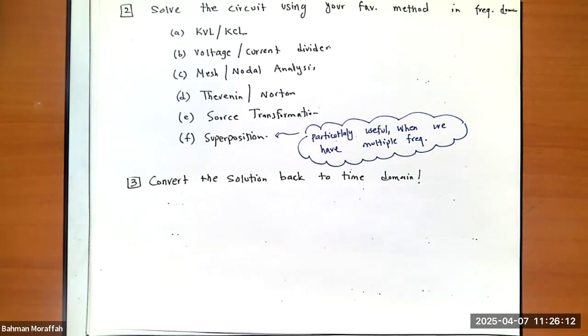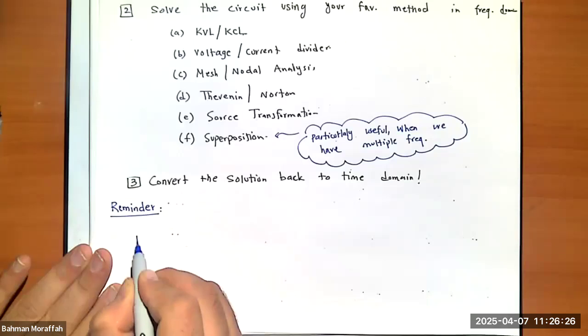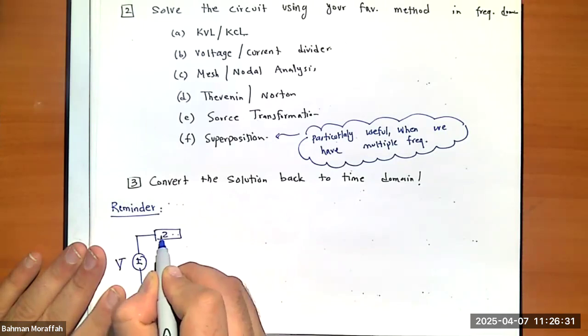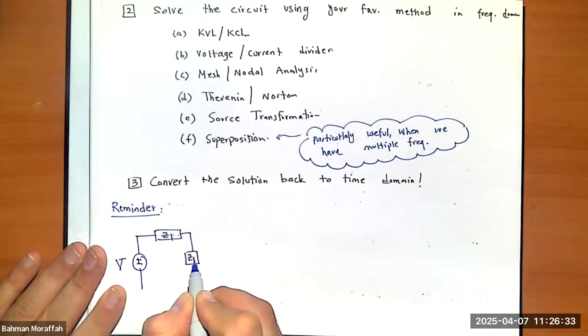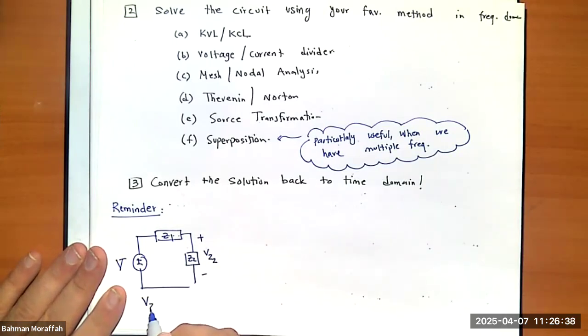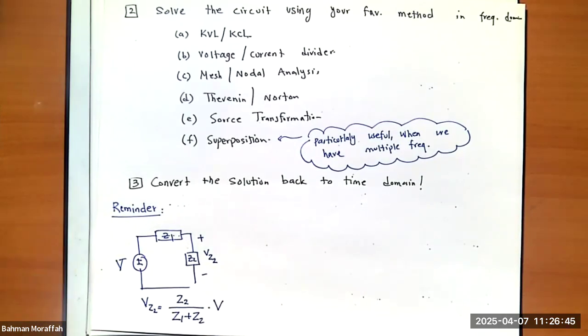Let me quickly tell you how voltage divider and current divider work in the frequency domain. But again, remember, it is exactly the same as before. There's nothing new. Just a quick reminder. If I have a voltage divider with value V, Z1 and Z2, and I want to find the voltage across Z2, I know the voltage across Z2 is Z2 divided by Z1 plus Z2 times V. It's exactly as before.